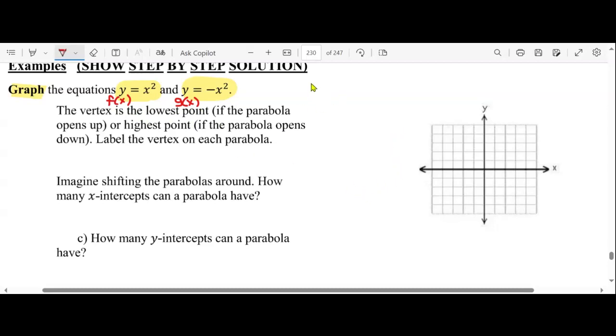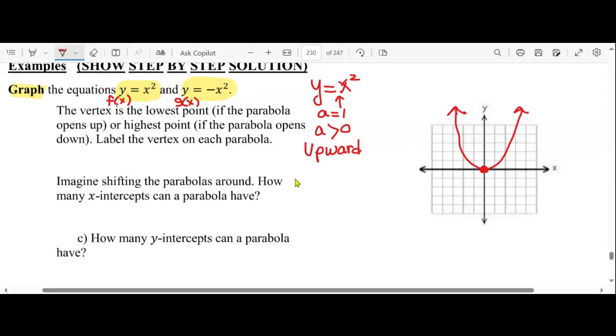First, let's write down this one, y equals x squared. Now, how much is the a value here? 1. So is a greater than 0? So it's upward or downward? Upward. So it will look something like this, right? And the vertex is in here, right?